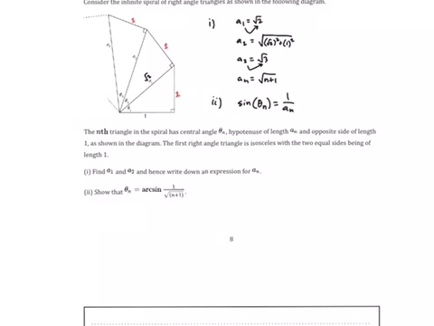And we know that A sub n is always the square root of n plus 1. Therefore, theta sub n is always equal to arc sine of 1 over the square root of n plus 1.